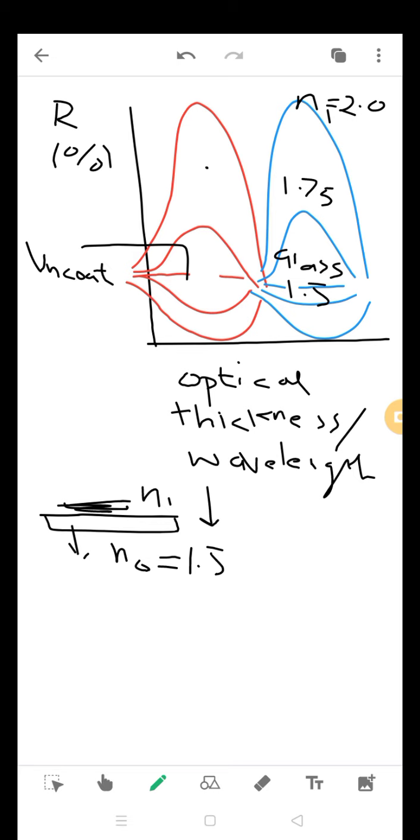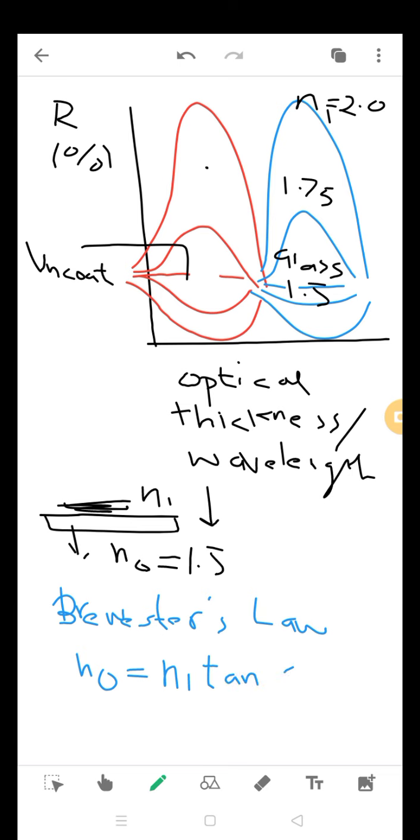Now there is one equation which is called Brewster's law, which is given as N0 is equal to N1 tan phi p.